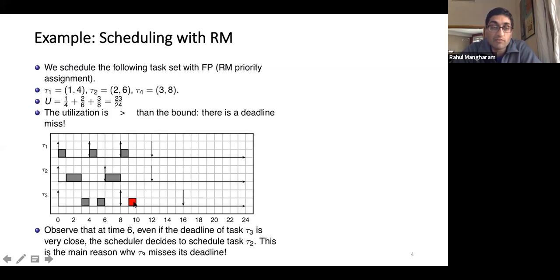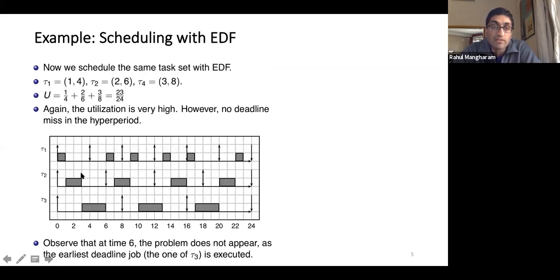But if we have some flexibility by scheduling the same task set based on the earliest deadline first, then I can actually schedule the tasks. I schedule tau 1, then tau 2, because tau 1's deadline is the most urgent, so its deadline is first.